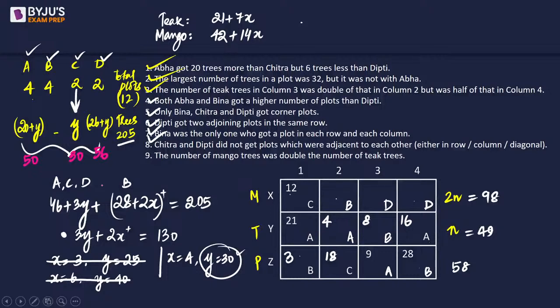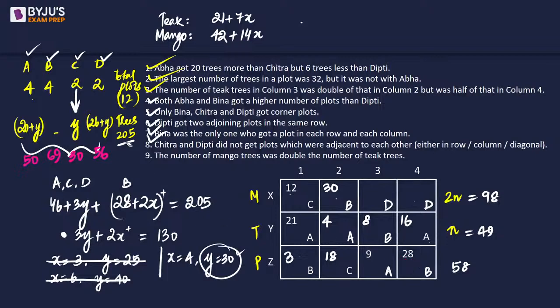That would mean the remaining 69 goes to B. Out of 69 that goes to B, B already has 28 plus 8, which is 36 plus 3, 39, right? So 28 plus 11, 39. So this is going to be 30, right? Okay, so B is done.